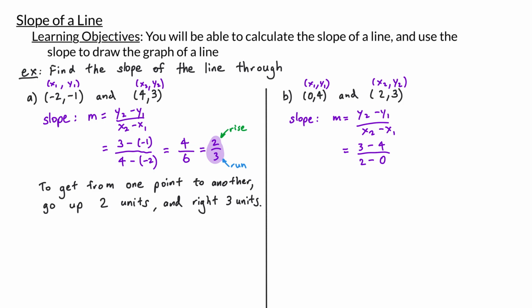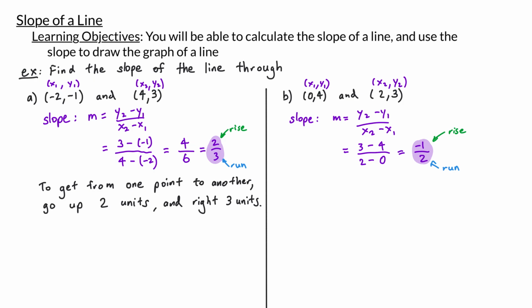Performing the arithmetic, in the numerator, 3 minus 4 gives us -1. In the denominator, 2 minus 0 gives us 2. So the slope of our line in this case is going to be -1/2. Once again, we can think about the slope as rise over run. So in this case, our numerator, -1, would be the rise, and 2 in the denominator would be the run.